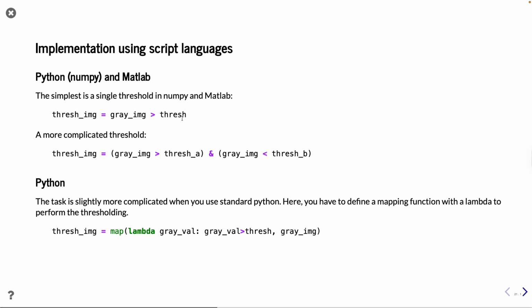If you want to do multiple thresholds, you can just combine them like this with an ampersand in the middle, and then you get all these classes together. If you want to do it in more old-style Python, then it gets a bit more complicated. You may need it in some cases, but mostly this is the most efficient one.